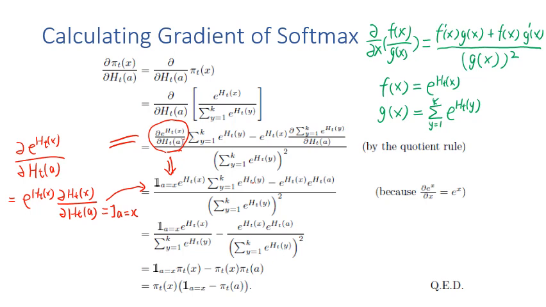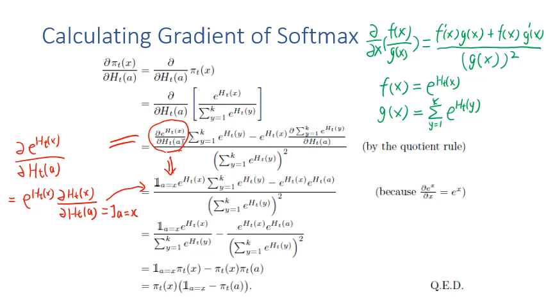Good, so let's continue. For this part, now we can remove the sum of other action preferences, right? So we will have these two terms.